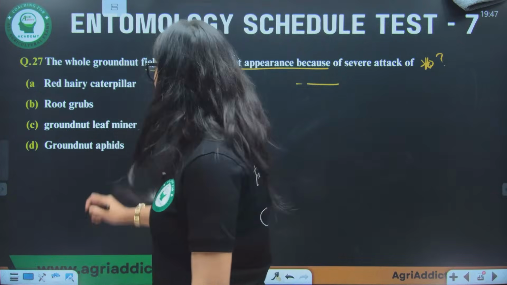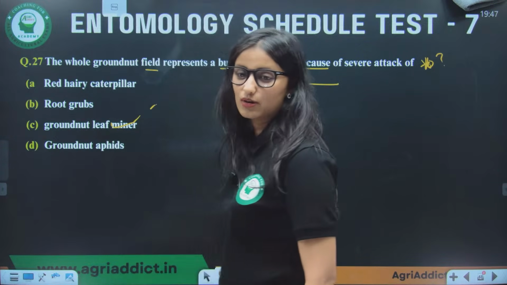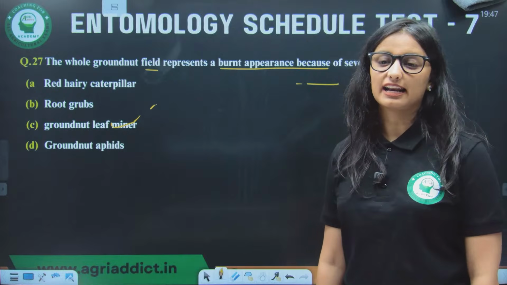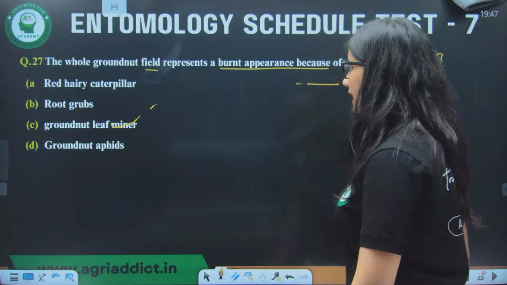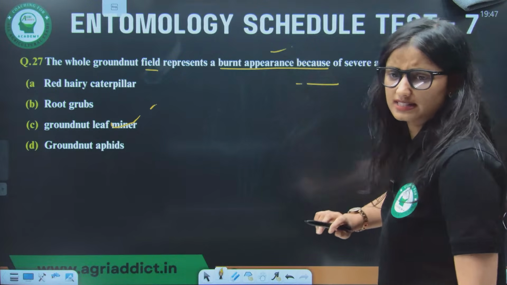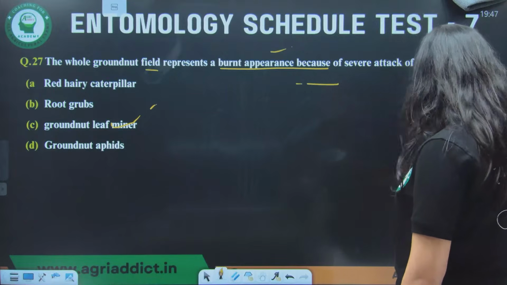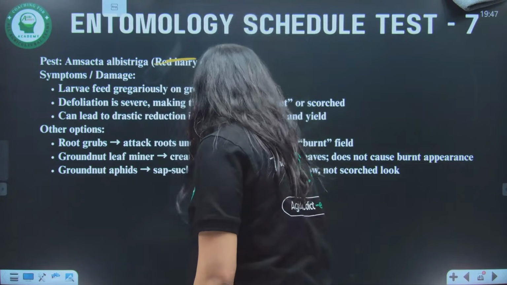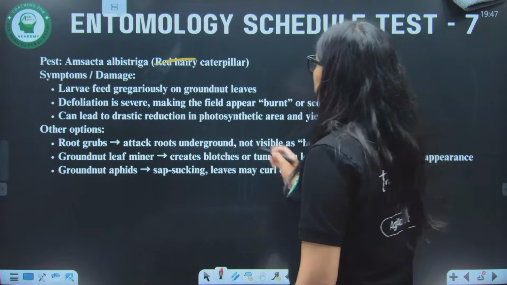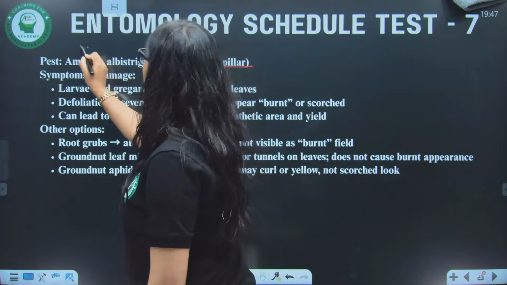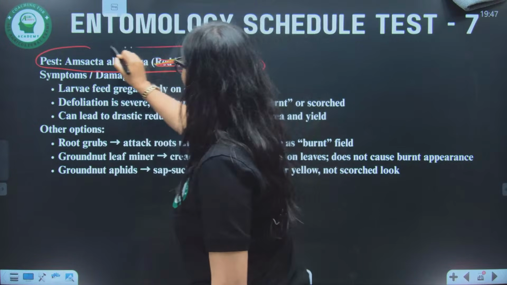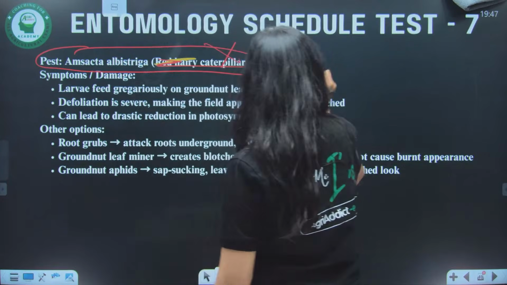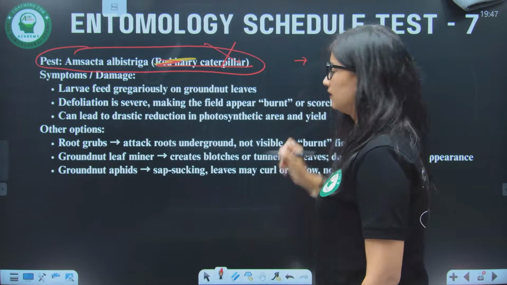Groundnut leaf miner is the correct answer. Very good. That gives a whole burnt appearance in the field. Groundnut field specifically. I have written Amsacta, no. Here it is written wrong.